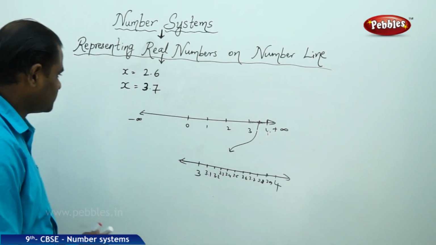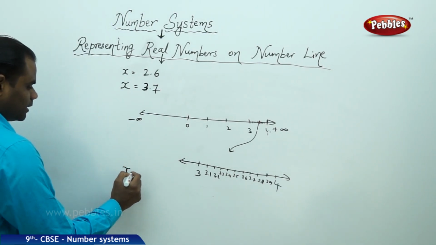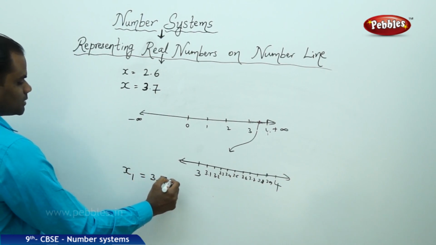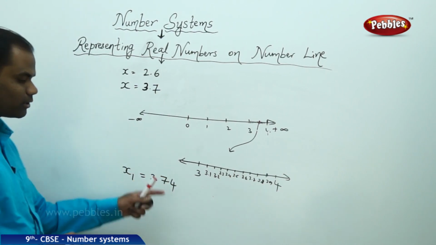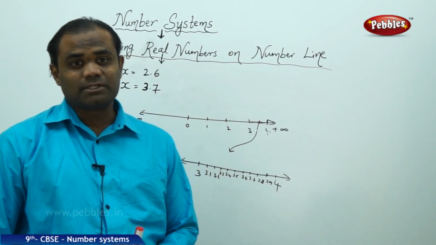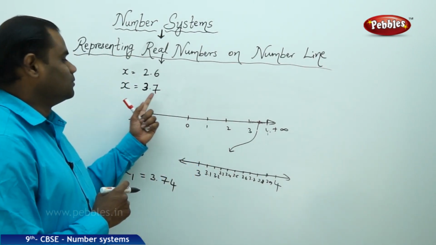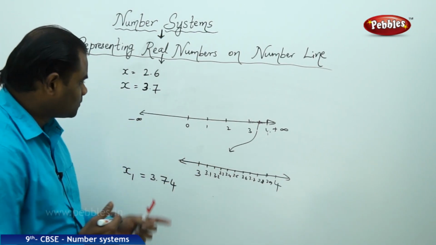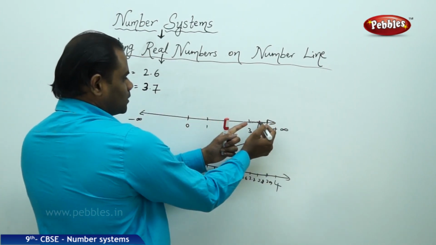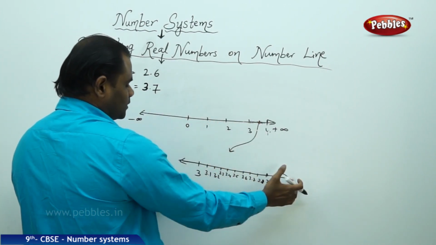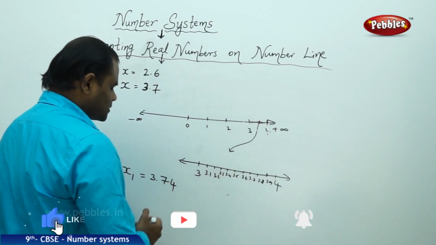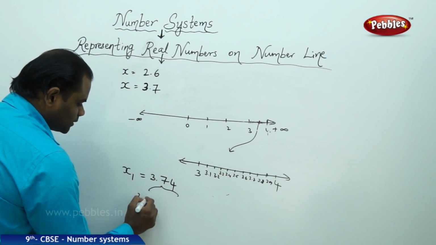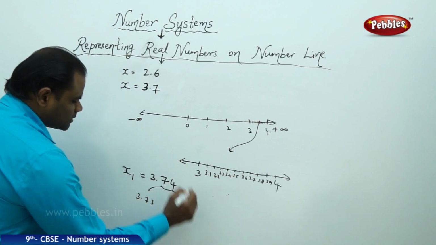Say I continue this with the number x1, which is 3.74. I would like to locate the number 3.74, which is again more approximate value than 3.7. So what do I do with this number line? I start with the first number line between 3 and 4 somewhere out here. Again I subdivide. I get between 3 and 4 10 different units, and again 3.74 lies between 3.73 and 3.75.